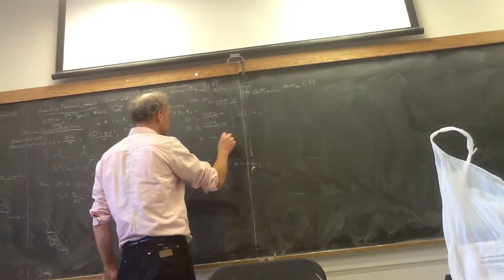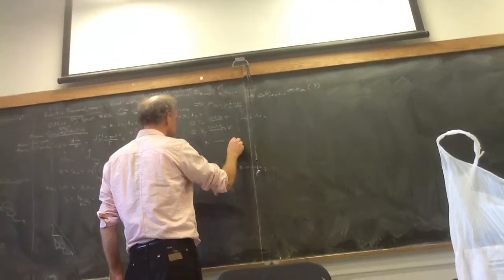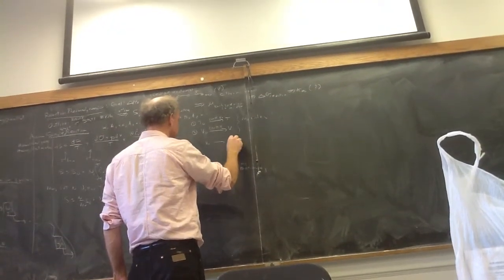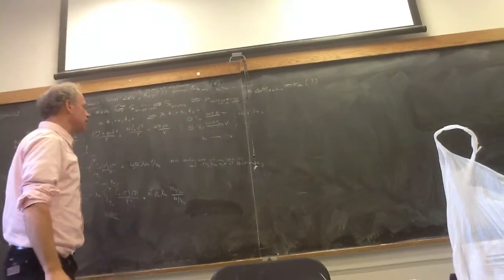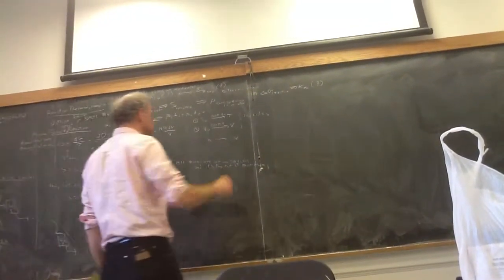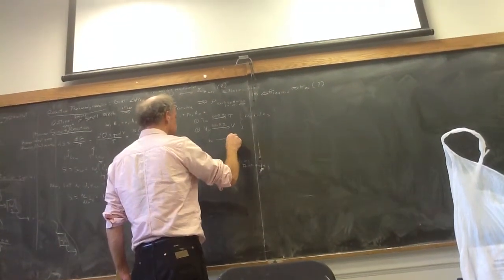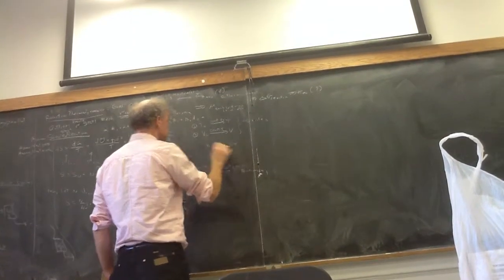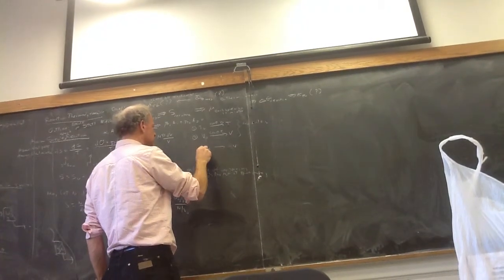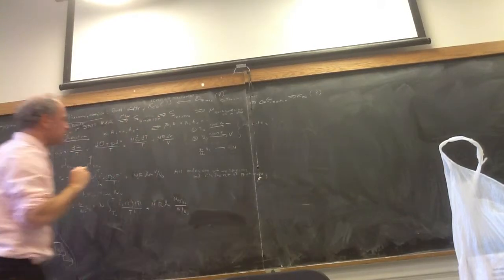So it's probably V0 over n0 times V, and I need an n over n0. Okay, yeah, I think that's right.